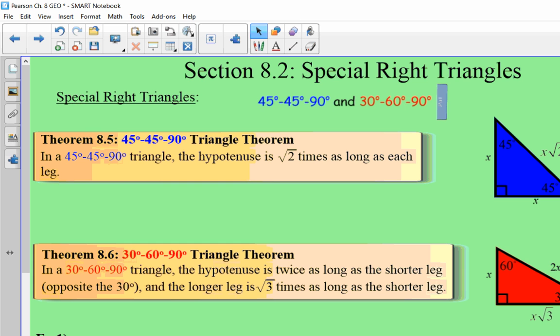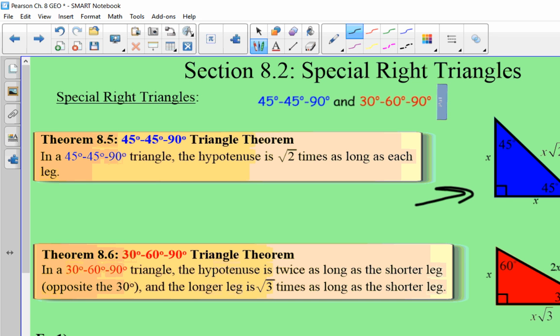All right, so the first one that we're looking at is a 45, 45, 90 triangle, and so if you guys would draw this particular triangle and label it up. This actual triangle comes from a rule that we learned in the first semester, talking about angles and their opposite sides.